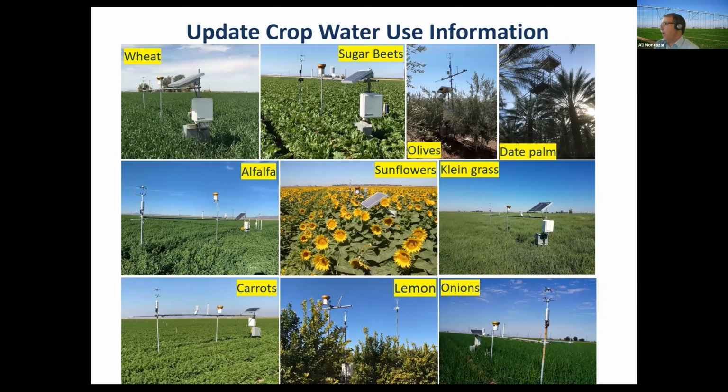So we in UC started to update this information for different cropping systems. In Imperial and Riverside, I started 4 years ago. I updated it for several crops. These are some of the pictures of these crops and my station. I'm hoping that during the next few years I can start on some major crops in San Diego County as well.